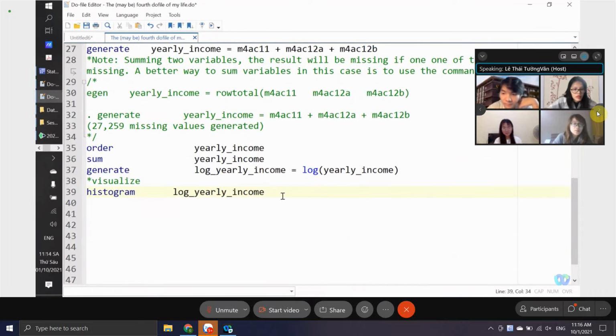Now I want to go on with how we want to build a model explaining the determinants of yearly income. So it might be important that the first variable we can think of again is age. Okay, now it's explanatory.